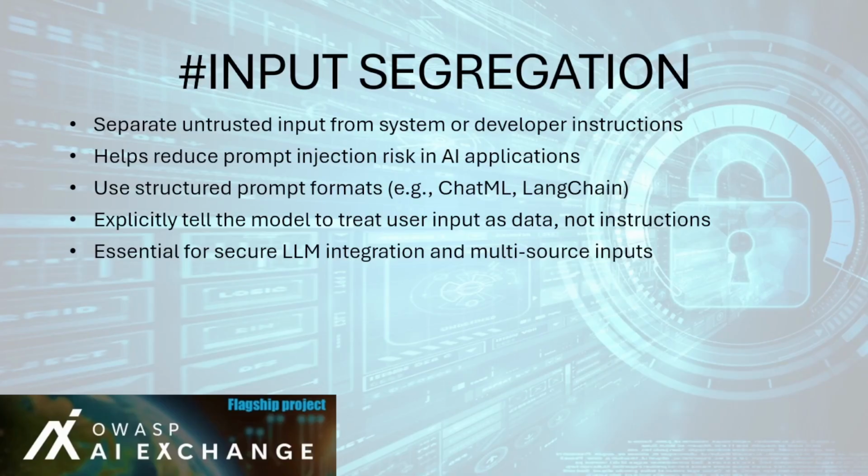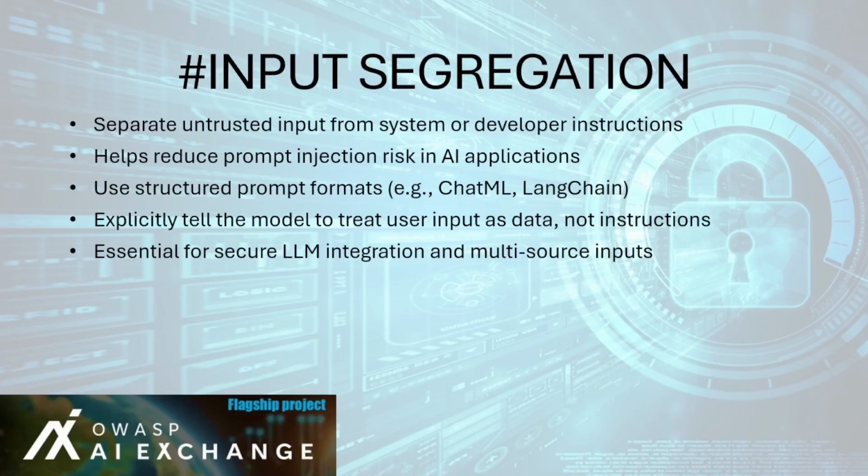What are the limitations? While input segregation reduces risk, it doesn't completely eliminate prompt injection. LLMs can still be manipulated through cleverly crafted language or indirect prompts, for example, through web-scraped content. Therefore, input segregation should be combined with 1. Prompt input validation for detecting malicious patterns. 2.